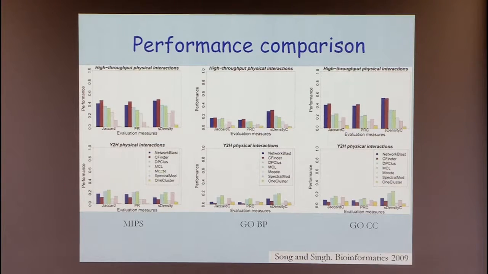And this is over 3 types of gold standards: MIPS that I mentioned, Go biological process, and Go cellular component. So I think that the picture that comes out of it is that different algorithms are maybe better suited for different applications, although there are clear dominations. So there are algorithms that dominate others in this comparison.